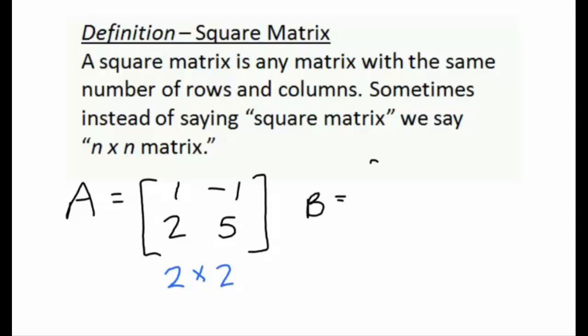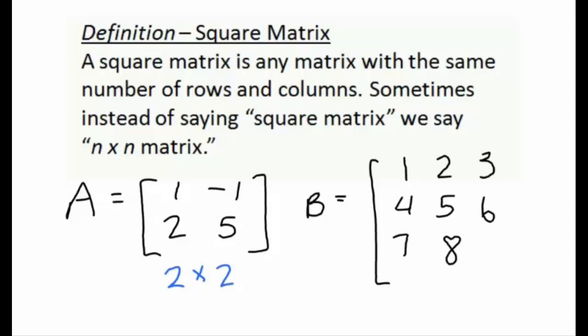Of course we can have larger square matrices, so maybe I'll create one that is 3 by 3: 1, 2, 3, 4, 5, 6, 7, 8, 9. Here's matrix B. It has 3 rows and 3 columns, so this is a square matrix of size 3 by 3.